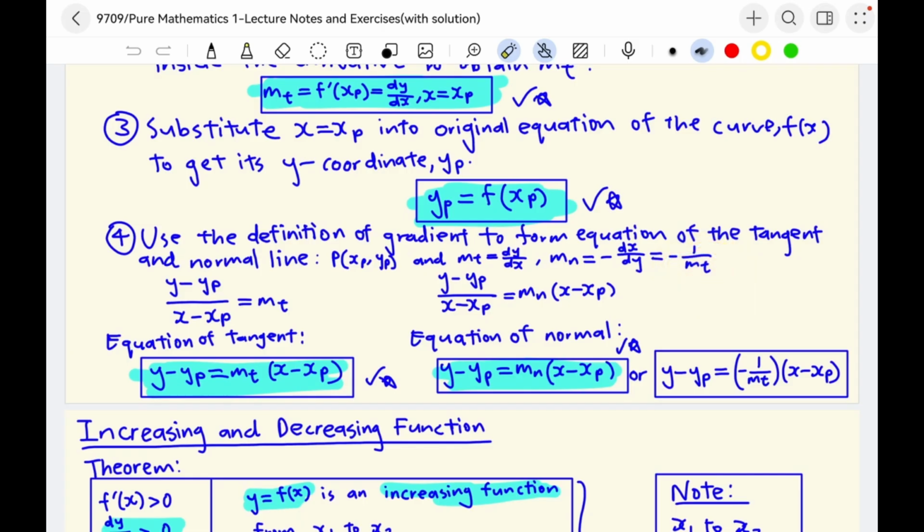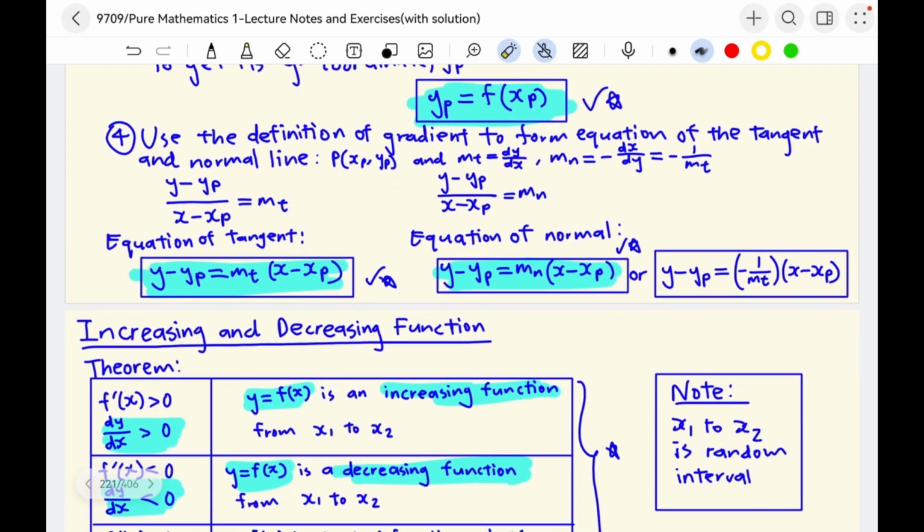And next, use the same way. Sorry guys, there's a correction, my mistake. So this one should disappear. This is your actual gradient formula to get the equation of the normal, (y - yp) over (x - xp), because the point in context is the intersection point of the normal line, tangent line, and the curve simultaneously.